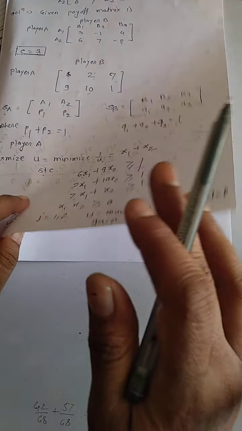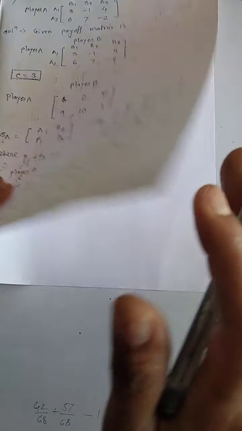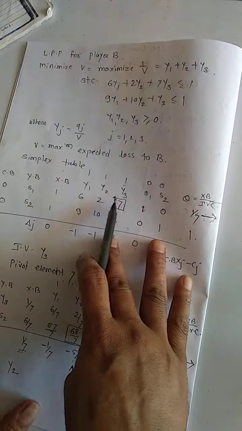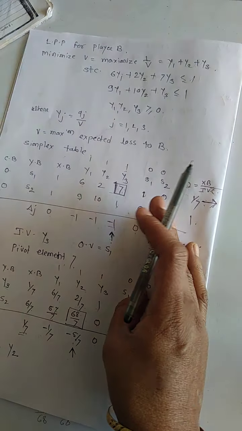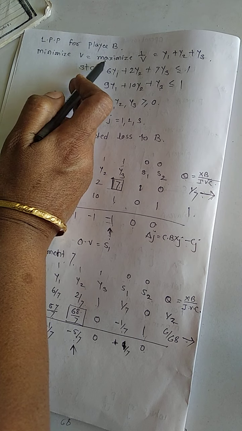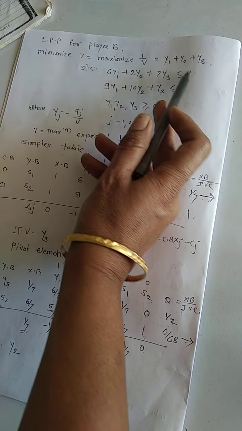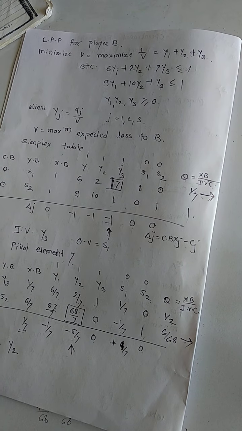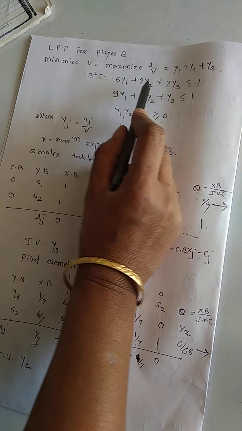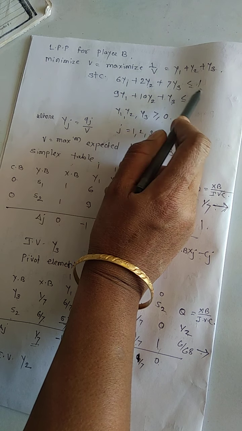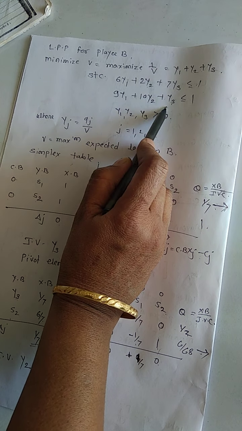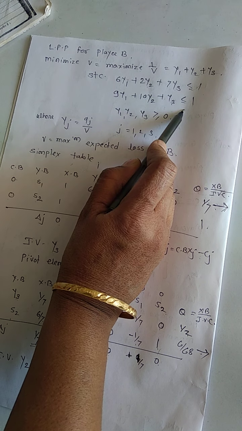Same for player B. We use rows and write the LPP for player B. First write minimize V is equal to maximize 1 upon V is equal to y1 plus y2 plus y3, subject to constraints 6y1 plus 2y2 plus 7y3 less than or equal to 1, 9y1 plus 10y2 plus y3 less than or equal to 1.